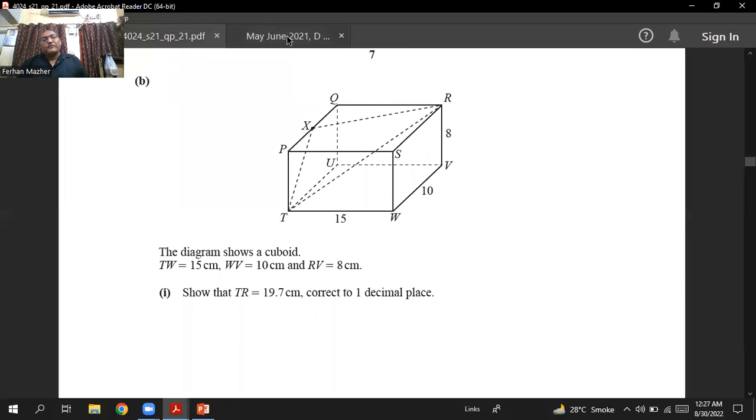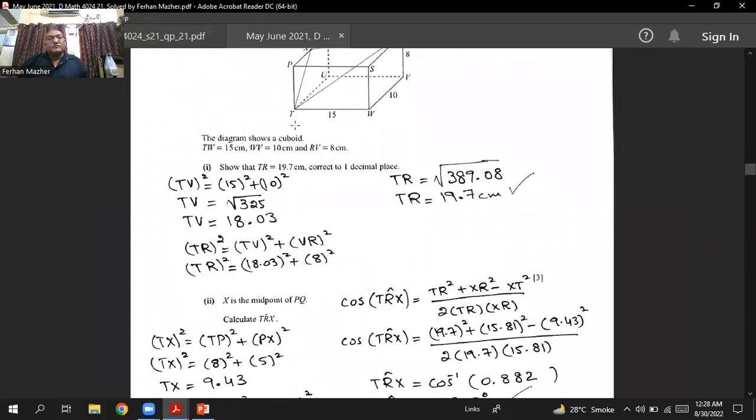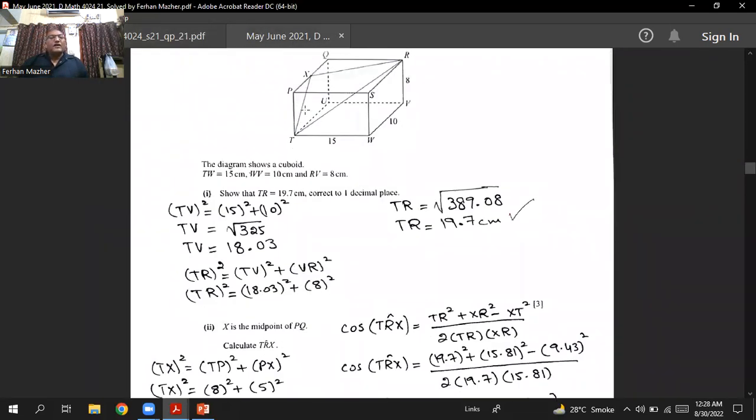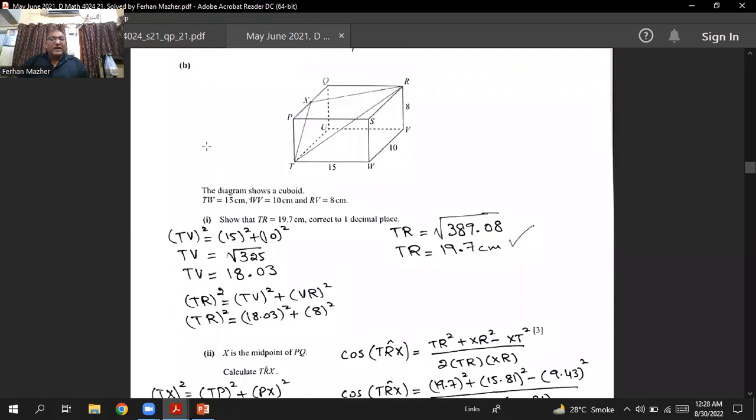Okay. So here you can see, first of all, I will take that triangle TWV, which is on the floor. TV is the hypotenuse, so TV square is equals to 15 square plus 10 square. So TV will be 18.03.